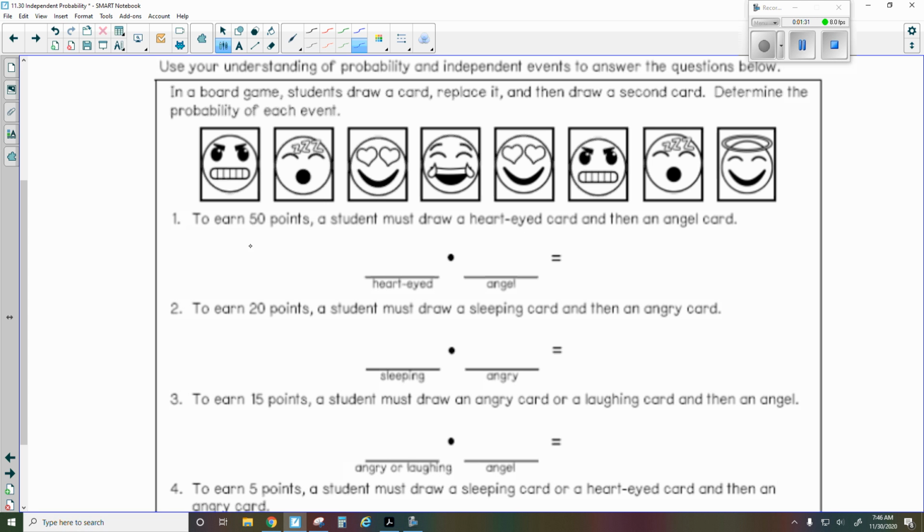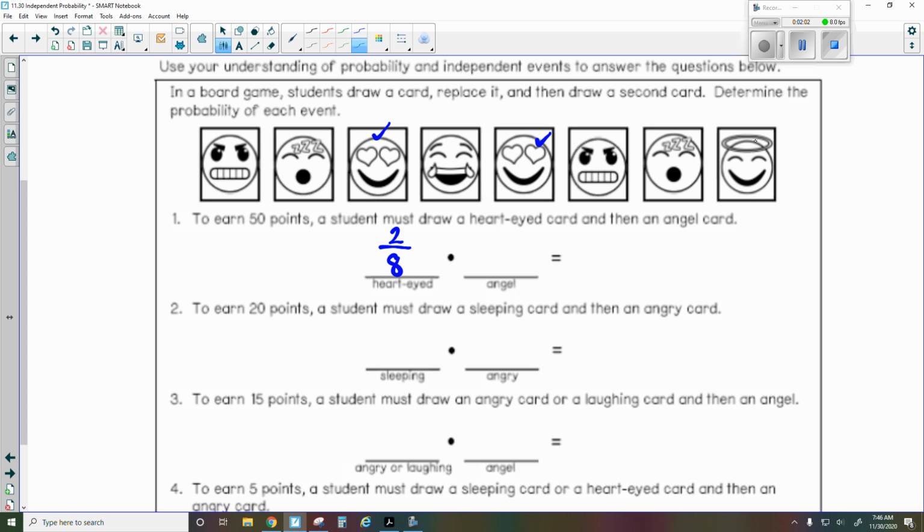So number one, to earn 50 points, a student must draw a heart-eyed card and then an angel card. Let's find the probability of heart-eye cards, and we have 1, 2 out of the total number of cards, which are 1, 2, 3, 4, 5, 6, 7, 8. And we're going to find the probability of an angel card.